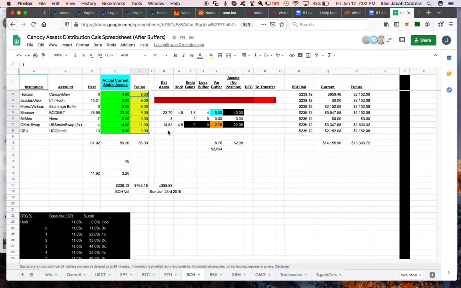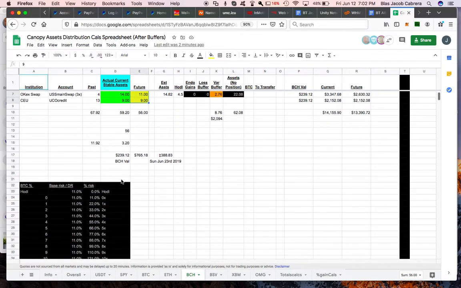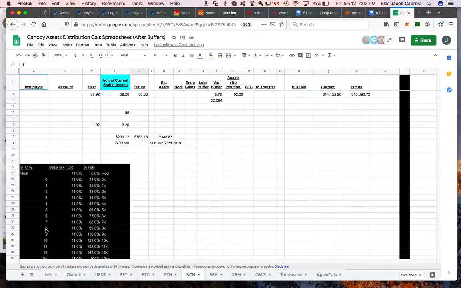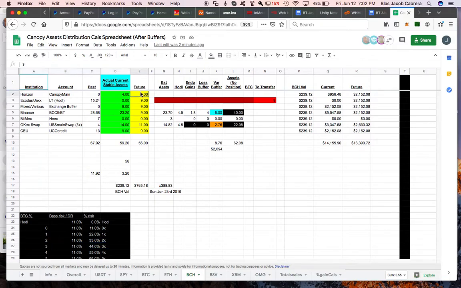All right, so the goal is always stability, so diversifying and having it in different types of accounts at different risk levels. We would never, ever, ever put all of our tokens in something that's like 44% risk. We would just never do that, right? But if we split it up into 8 different accounts, one of the accounts could be like 3x risk. So this is a 3x risk, but it's only one of them.